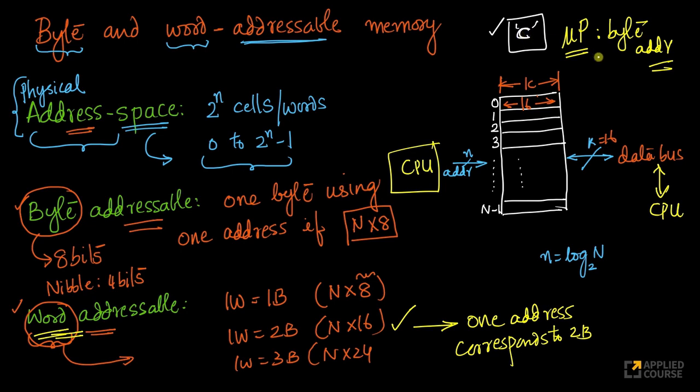I can allocate 1 character. In this case, let's assume my CPU is a 16-bit CPU, which means the address is going to be 16 bits. And let's assume my memory also has a 16-bit word size, right?